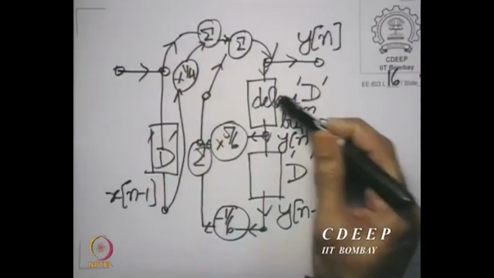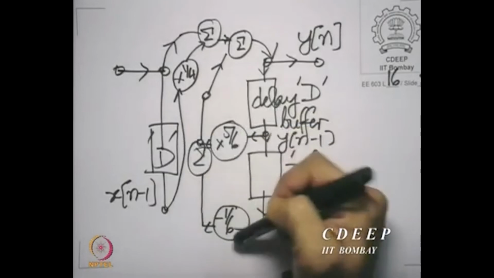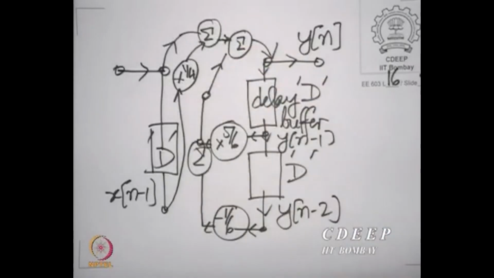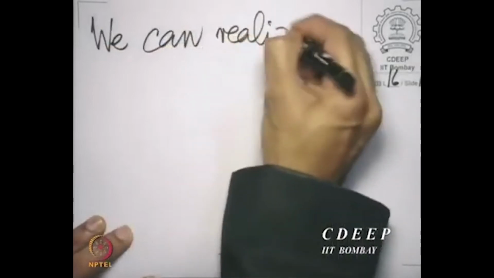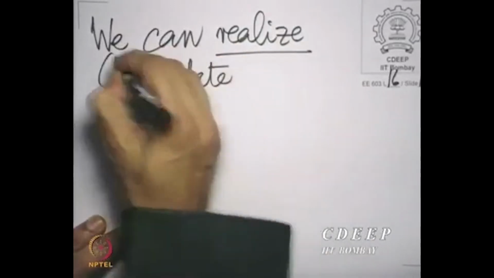So, what we have done is to realize this relationship, this linear constant coefficient difference equation, by using three kinds of elements: delay buffers, these D's, multipliers, constant multipliers, and two input adders. Let us write that down. We can realize. Realize means translate into hardware or software.